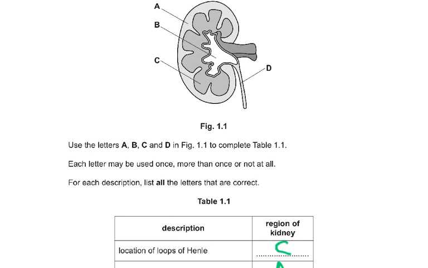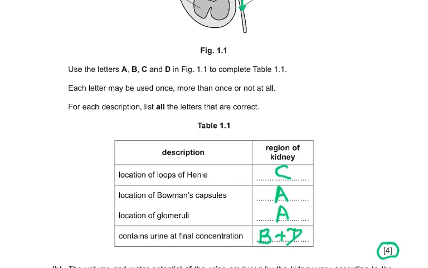But B is also where all the urine has been made. And now it's collecting here. And then this urine is going to flow into the ureter. So it had to be B and D. So you have to write both B plus D, and that got you your 4 out of 4.